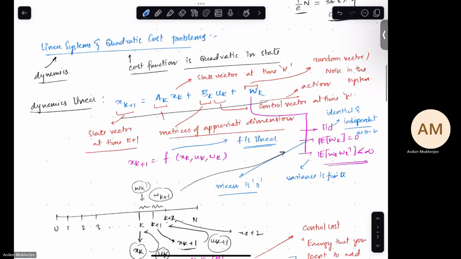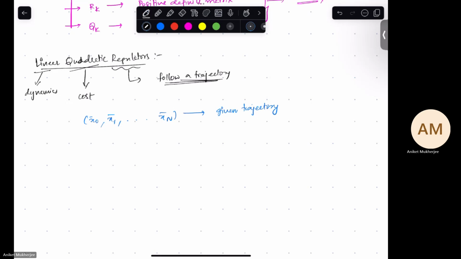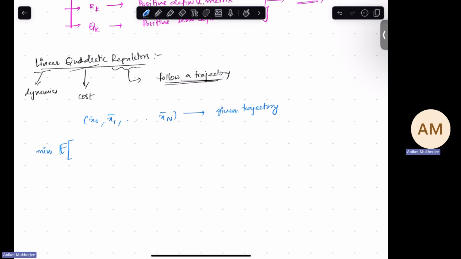Okay. So if you try to minimize the expected (xn minus xn bar) transpose Qn (xn minus xn bar) plus summation k equal to 0 to n minus 1 of (xk minus xk bar) transpose Qk (xk minus xk bar) plus uk transpose Rk uk.